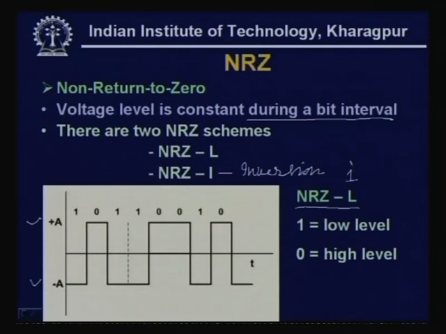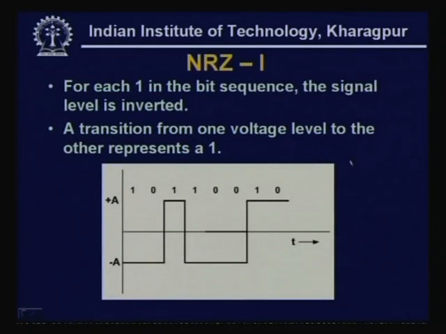That means, here what we are doing in case of NRZ-I, for each one in the bit sequence, the signal level is inverted. Here, as you can see, this is a 1, for which it was minus A. Whenever the next 1 is encountered, you can see here it is making a transition from minus A to plus A. Another one is here.